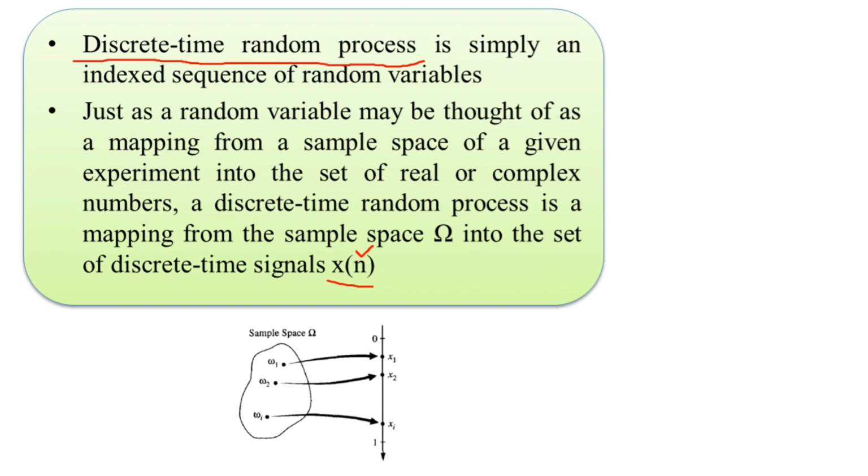This was the diagram that we discussed in the very first topic. Here we have the sample space, represented by capital omega, and in the sample space we have the sample elements. The elementary events are denoted small omega 1, small omega 2, and small omega suffix i in general, and these are mapped onto this particular axis.